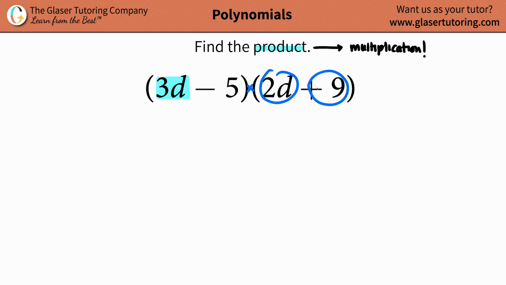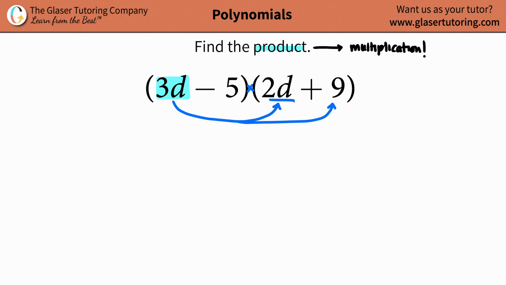And you have two terms here. What's the saying? You gotta be fair. I gotta take that 3d and multiply it by the 2d. But then the positive 9's like, oh, I want to be multiplied too. So if you multiply the 3d by the 2d value, you gotta multiply the 3d by the positive 9.